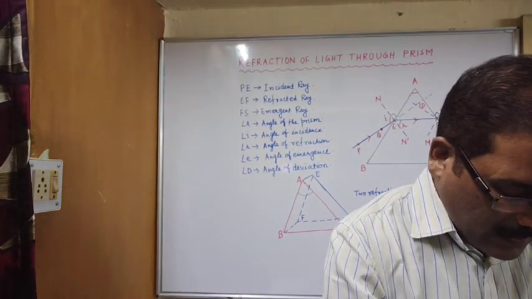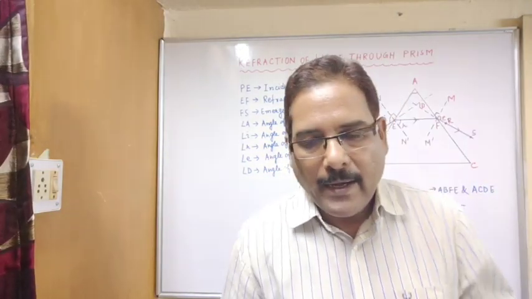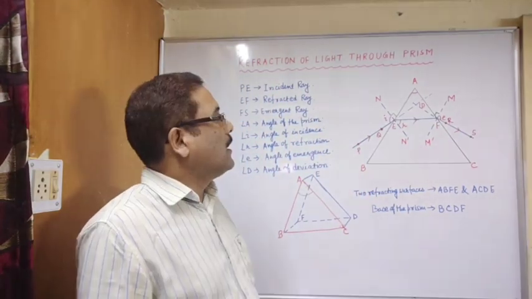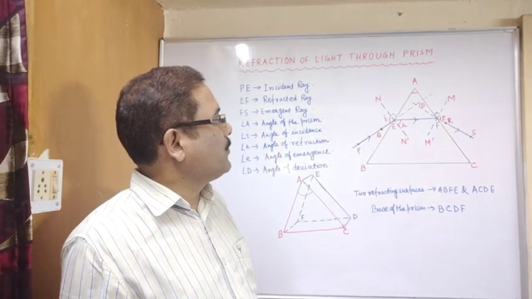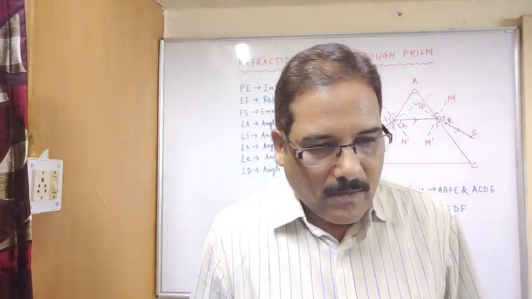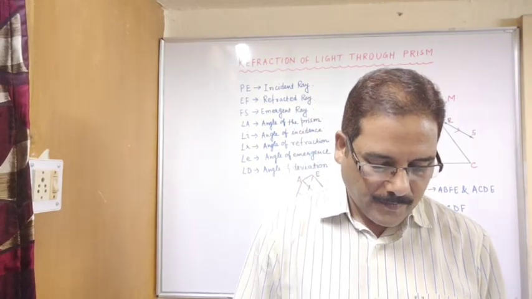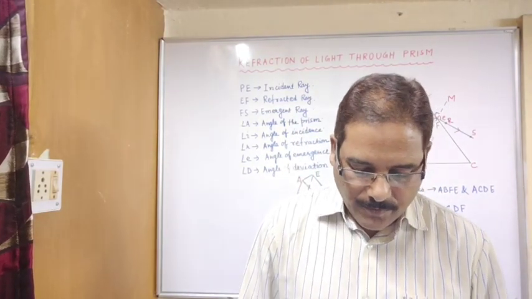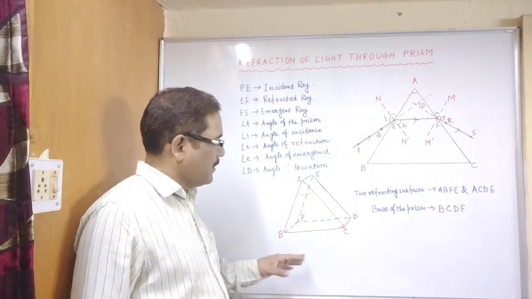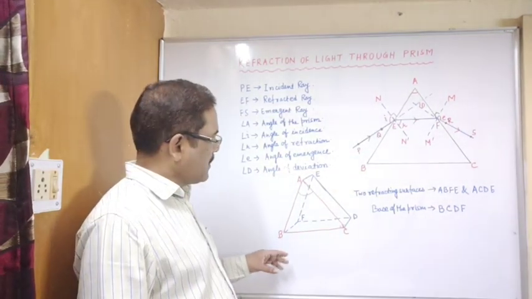Earlier we have discussed refraction of light through a glass slab, and we have drawn a diagram for it. Now refraction of light through a prism. First we will discuss what a prism is. In the rough diagram which I have drawn, a prism is a triangular structure like this.